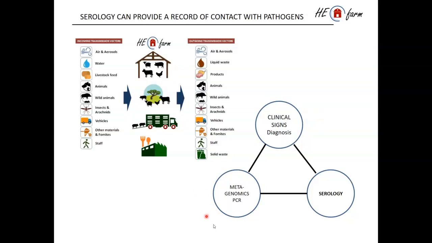Then part of the project has been directed to detecting pathogens by metagenomics, PCRs, or otherwise, like aptamers or whatever. And then a third part would be to study by serology the status of the disease.